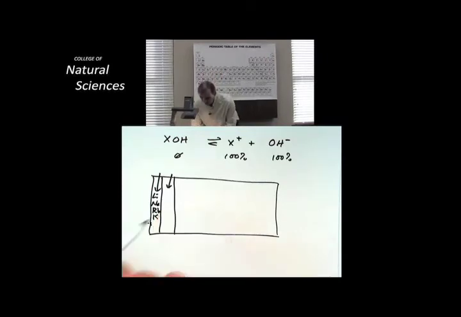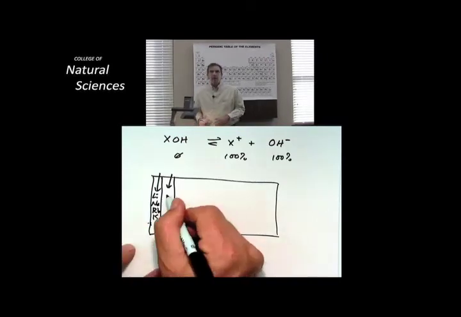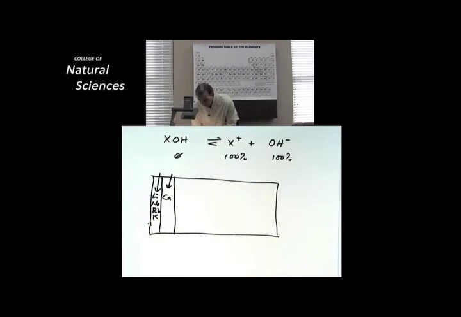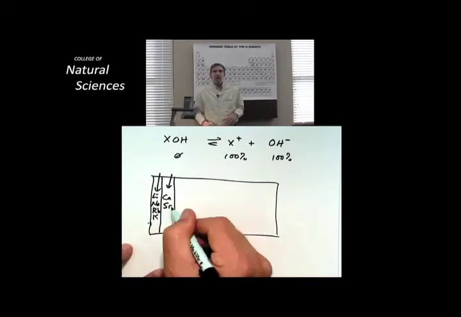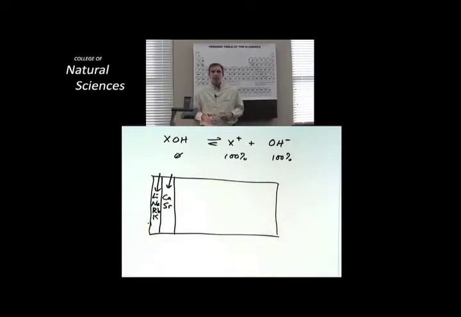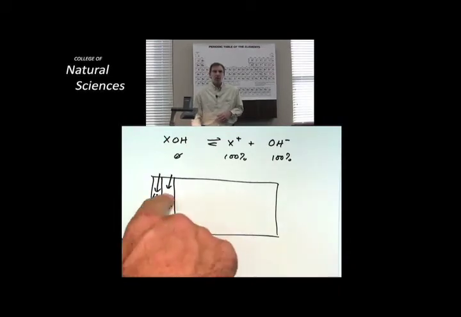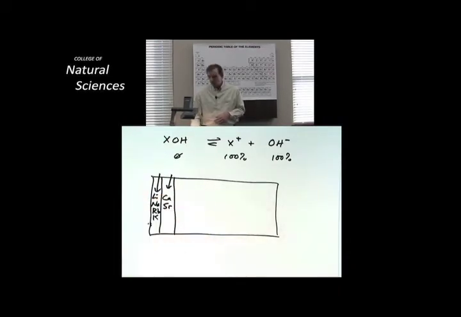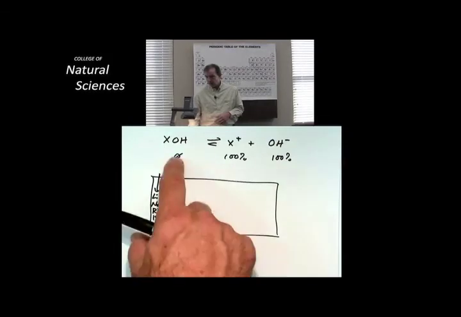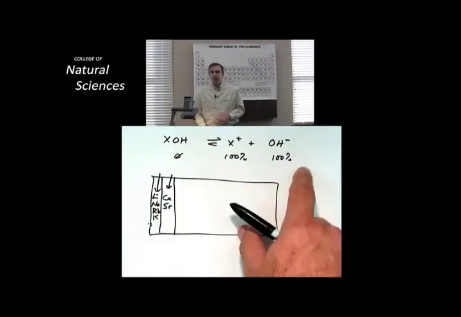In this column, we have calcium hydroxide, we have strontium hydroxide. These are the strong bases. So basically, these two columns, with the exception of magnesium hydroxide, are your strong bases. Why? Because when you dump them in water, you assume they dissociate completely.